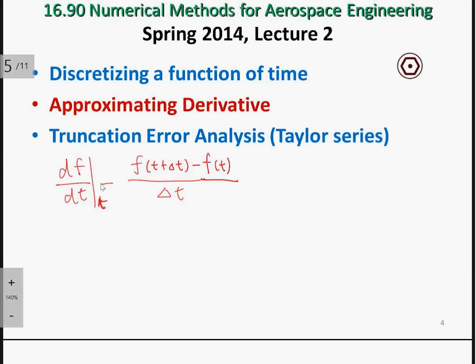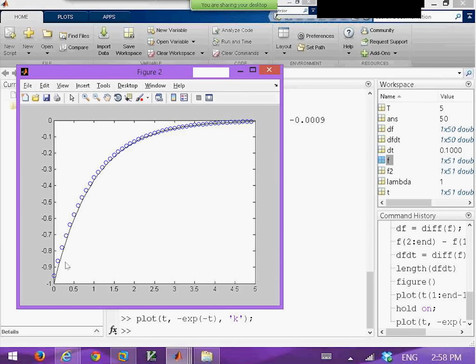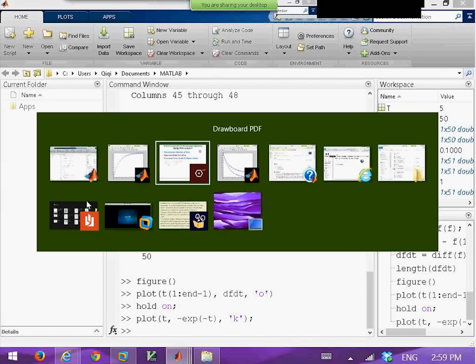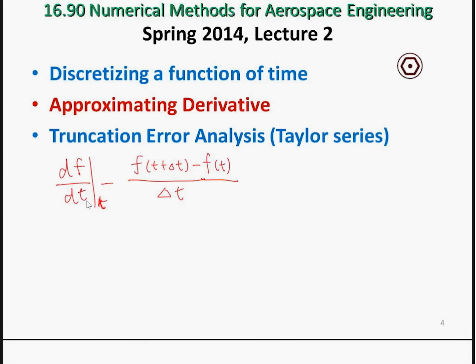We can compute both and plot the difference, subtracting this line from this line. We would get some number, probably 0.05 or something like that. That is the truncation error. But this only works when we do have an analytical solution. So is there any way to estimate how big the truncation error is in a more general way?